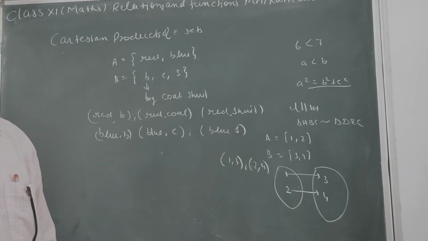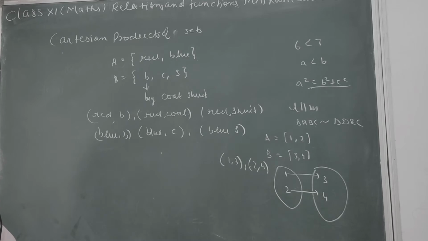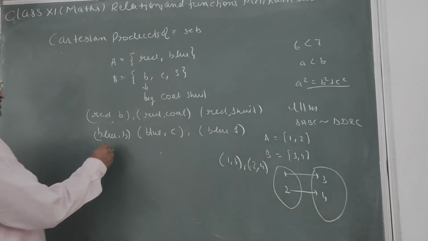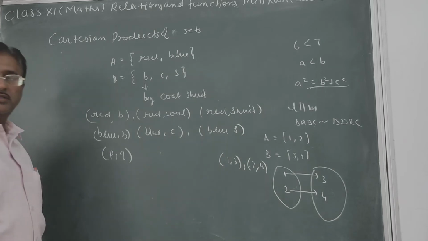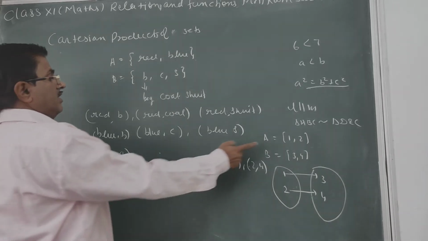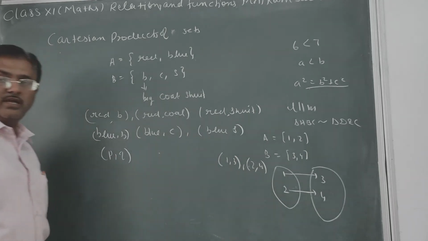Clear? So an ordered pair of elements taken from any two sets P and Q is a pair of elements written in small brackets and grouped together in a particular order. Suppose we are writing this (p, q). This is known as an ordered pair, which represents the first element from the first set and the second element from the second set.